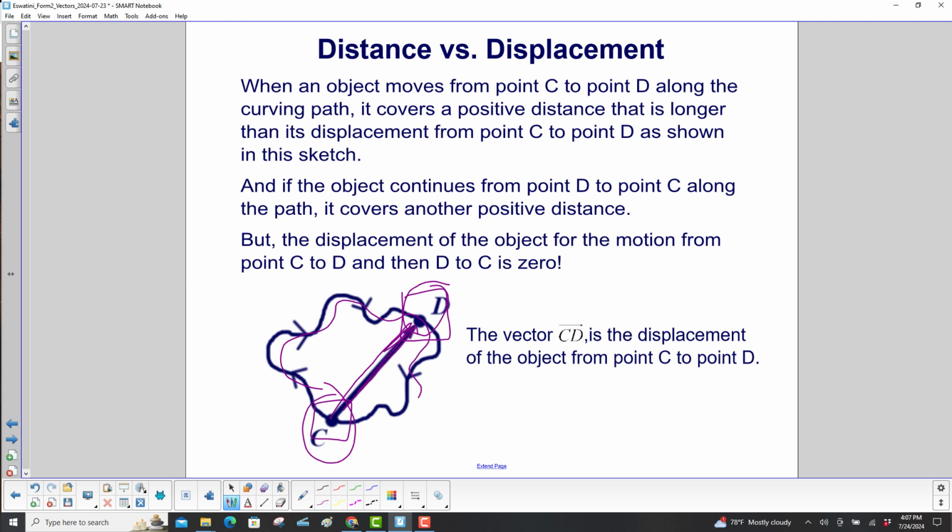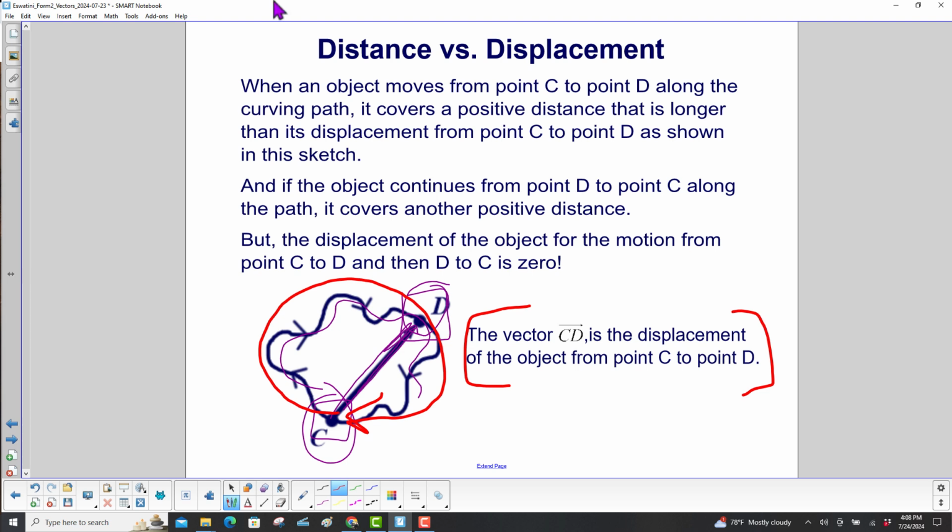And if the object continues from point D to point C along the path, it covers another positive distance. But the displacement of the object for the motion, from point C to D and keep going back to point C, that displacement is 0. And our vector CD is the displacement of the object from point C to point D.